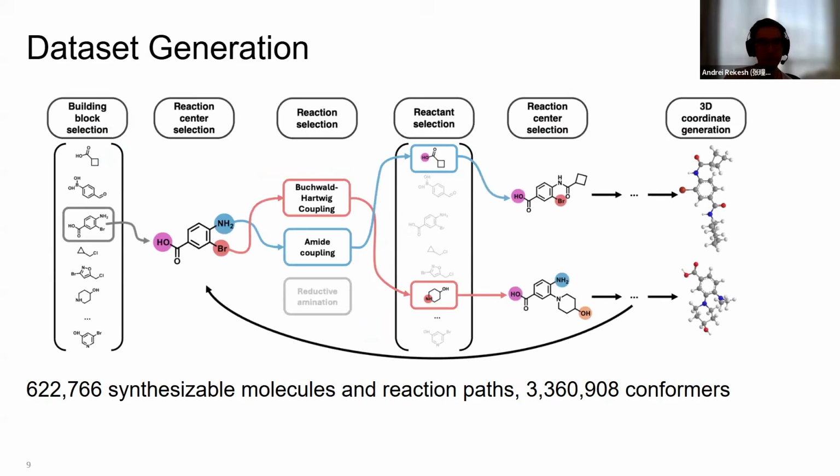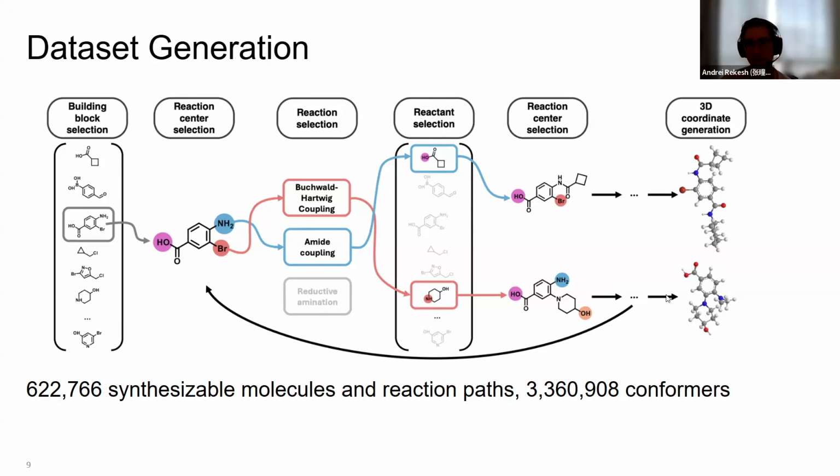So this helps us arrive at our dataset generation method, which is simply this repeating set of steps where we would select a building block, a reaction center on that building block, a compatible reaction with that reaction center or that functional group, and a compatible second reactant to couple with that building block.